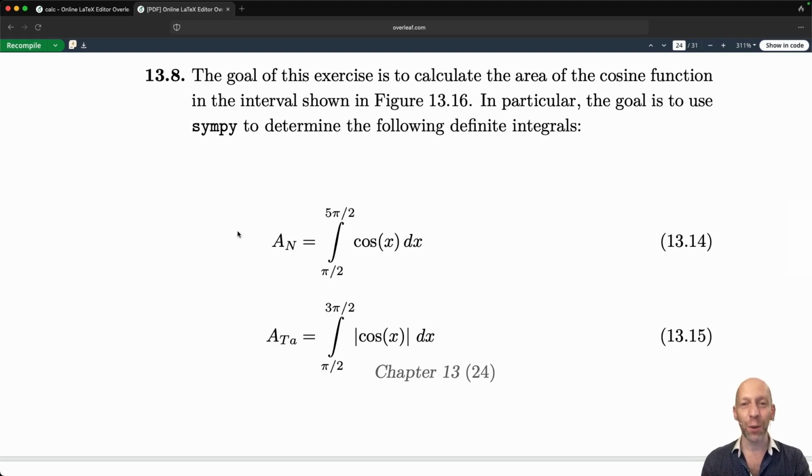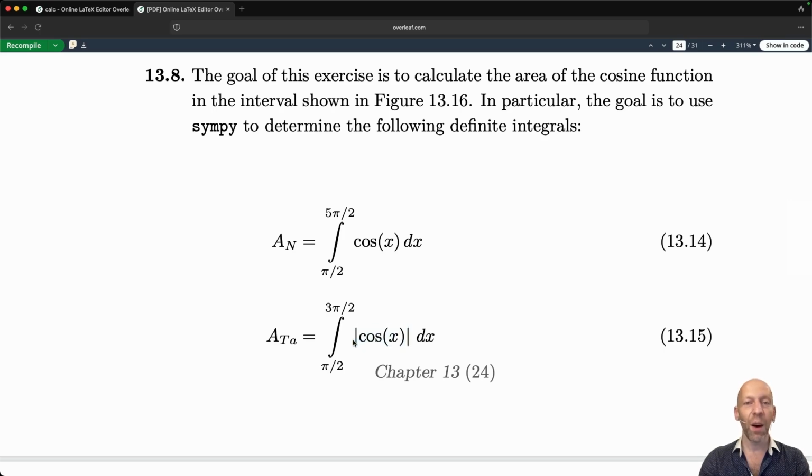Now, what we want to do in general in this exercise is visualize this definite integral, and then use SymPy to calculate the analytic or exact definite integral between pi over 2 and 5 pi over 2. So we want the net area and the total area. Now, I have discussed in the previous exercise and also earlier in this chapter that you can calculate the total area using an expression like this.